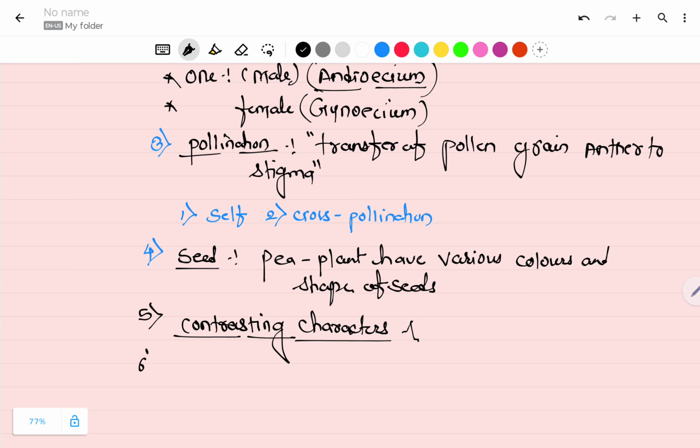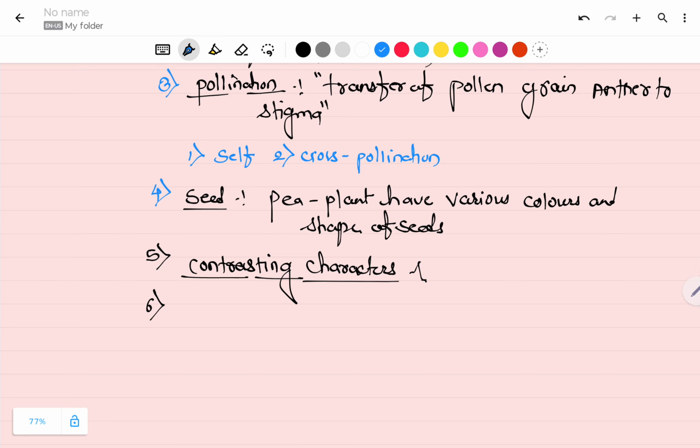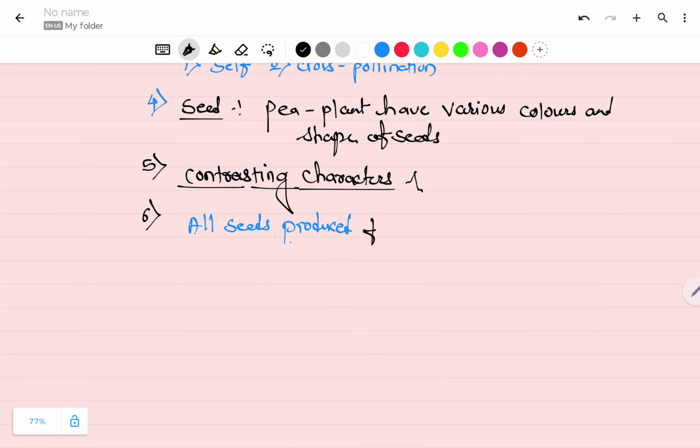Now the last characteristic of pea plant selection: all seeds produce fertile offspring.